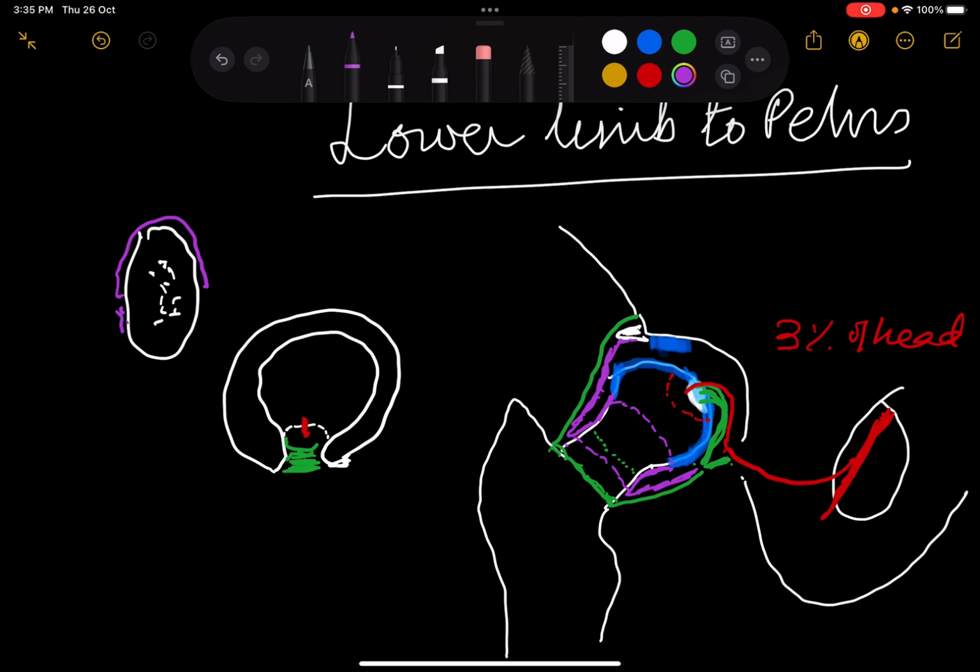And at two places, anterior and posterior to the neck, the synovium is raised like this, and it encloses a blood vessel.